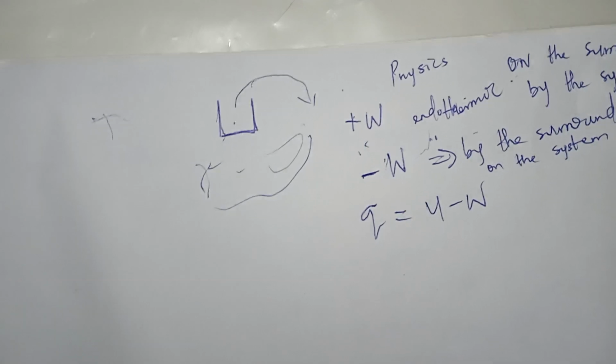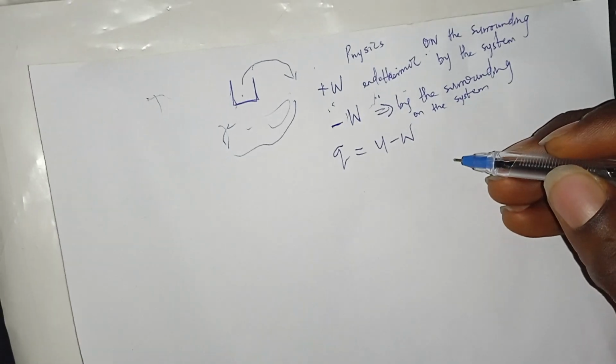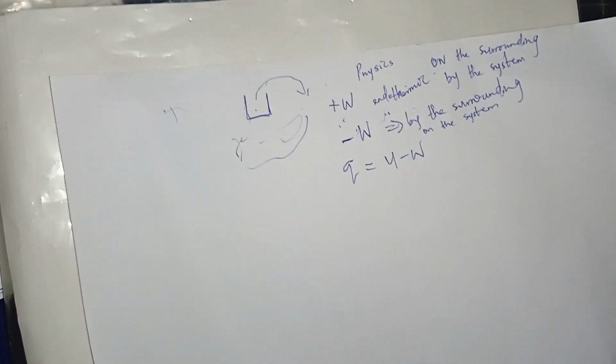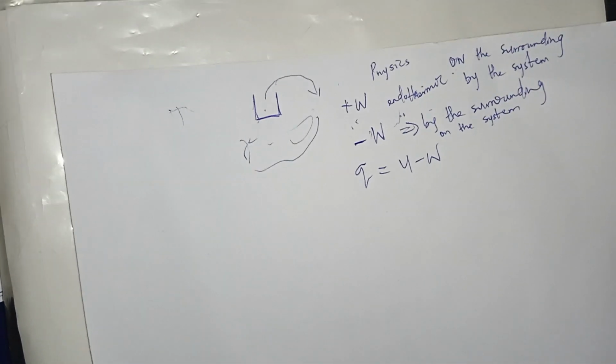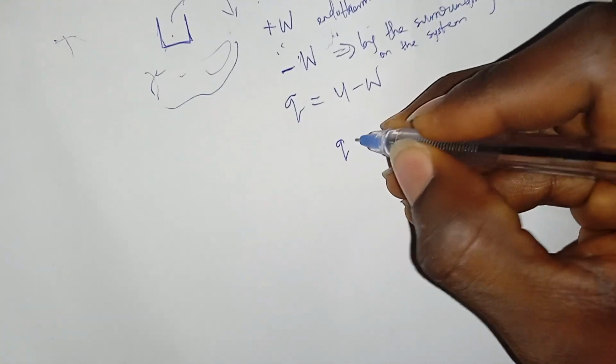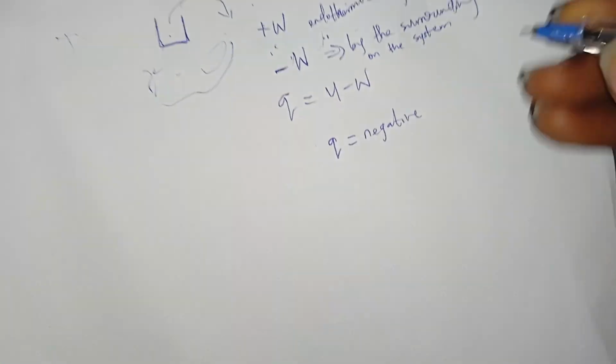So you need to know that whenever heat goes out of a system, Q is negative, which is normal.